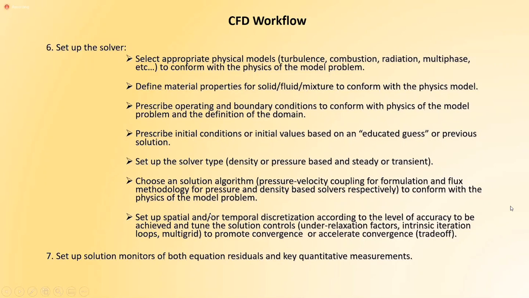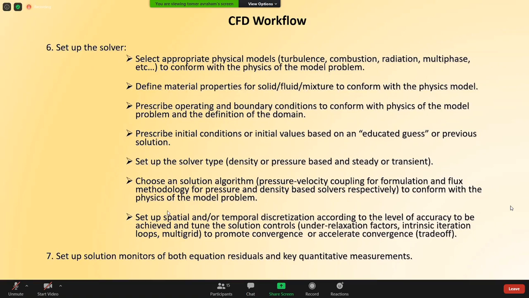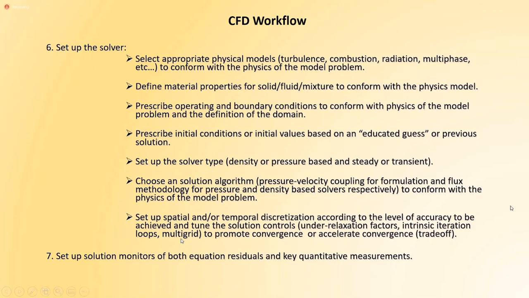Understand what multigrid means. These are not things we are going to deal with here, but you need to understand them. You can read about it in McDonald's PDE book.